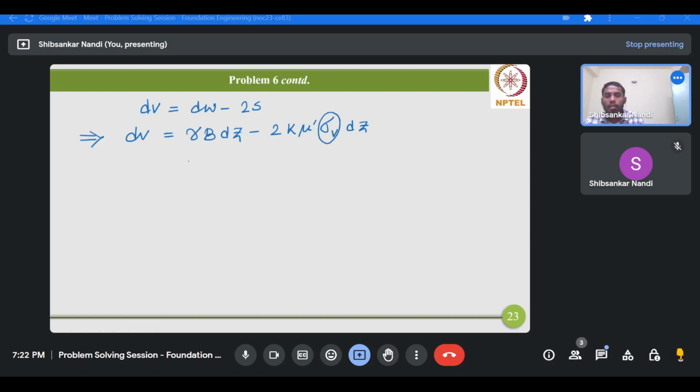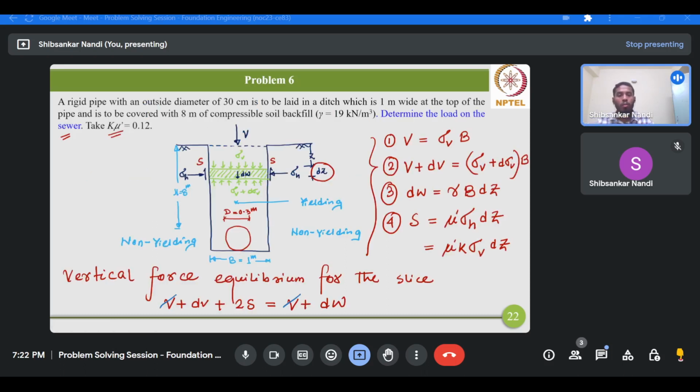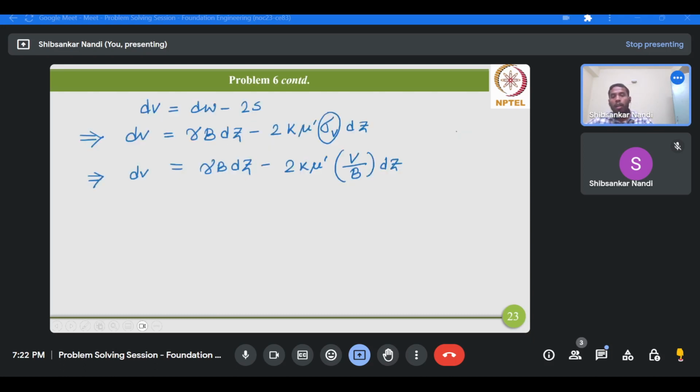Sigma V is nothing but V by b. Okay, so from this equation, from this component, we can write sigma V is nothing but V by b. Now if you integrate this equation, after integration, I am skipping that part here.